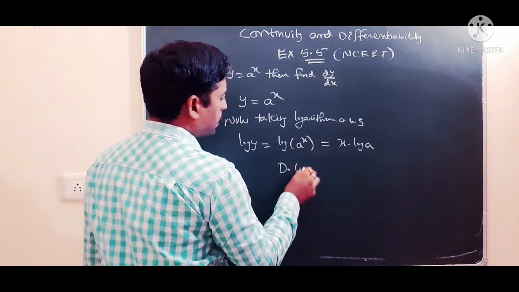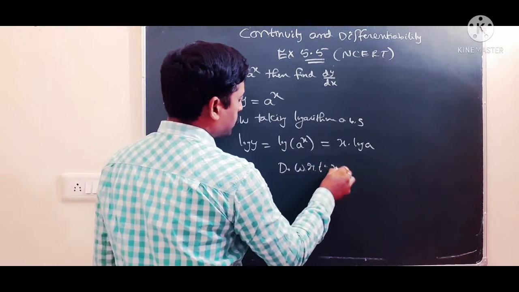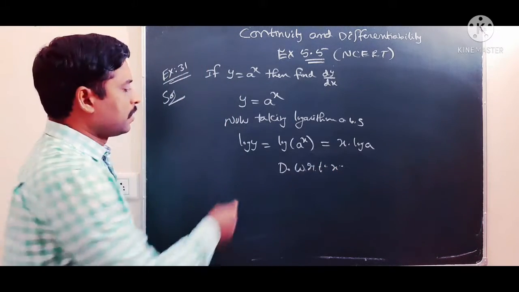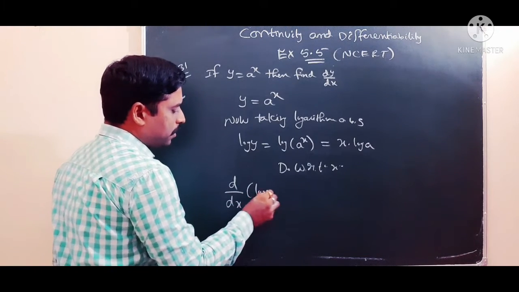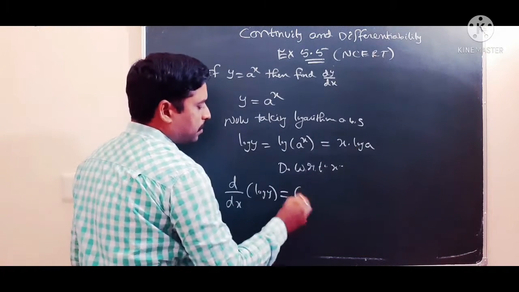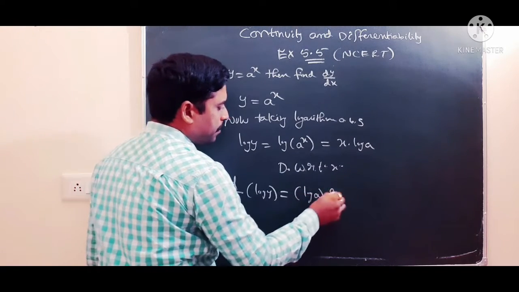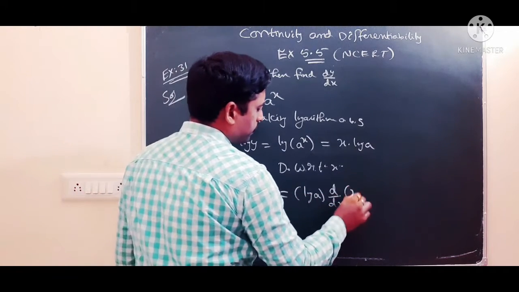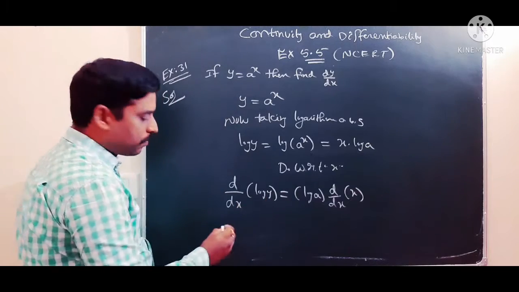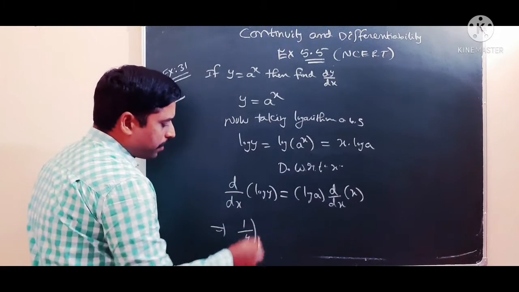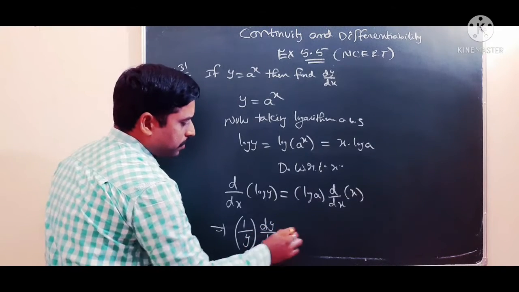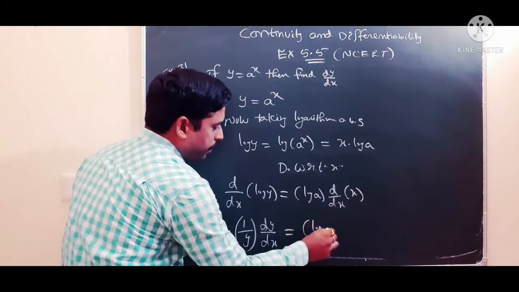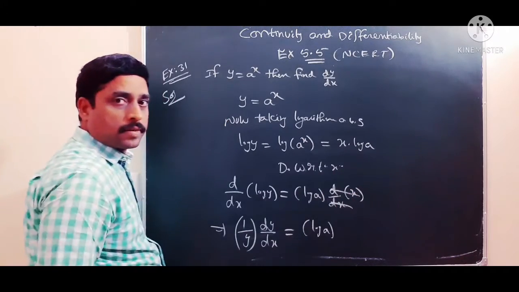Now applying derivative on both sides with respect to x. So d by dx of log y is equal to log a, a constant, outside, into d by dx of x. Differentiation of log y is 1 by y into dy by dx. So log a into 1, dx gets cancelled.